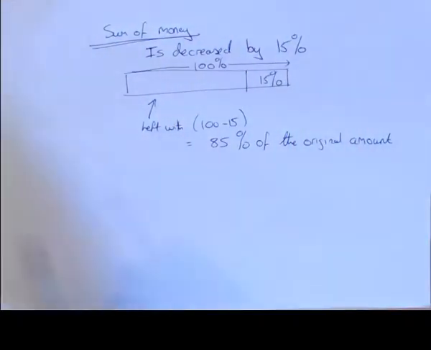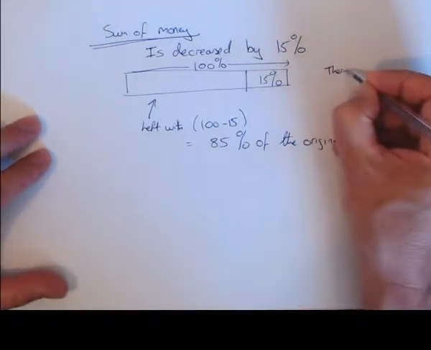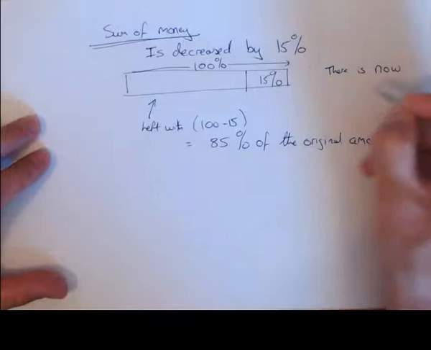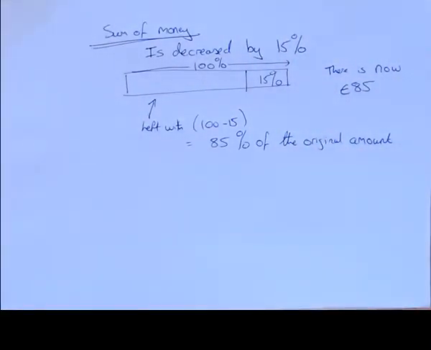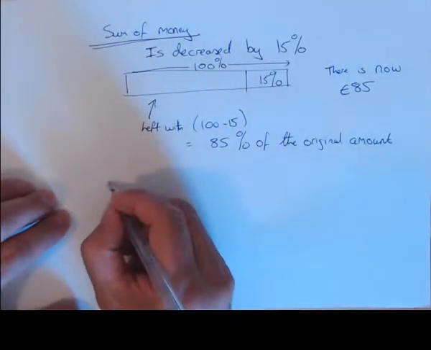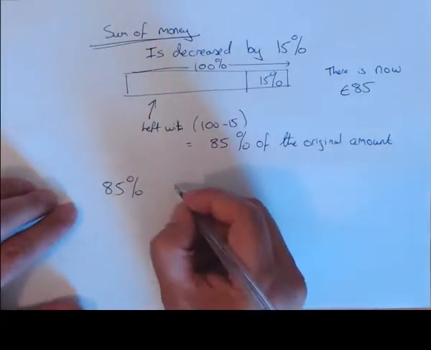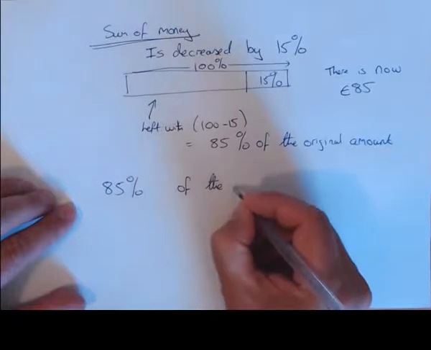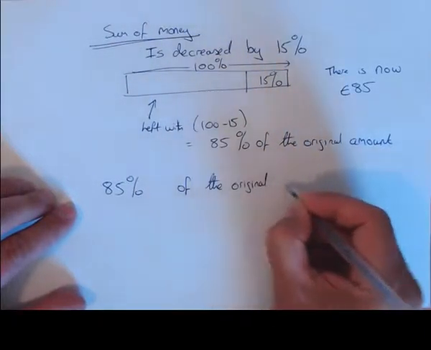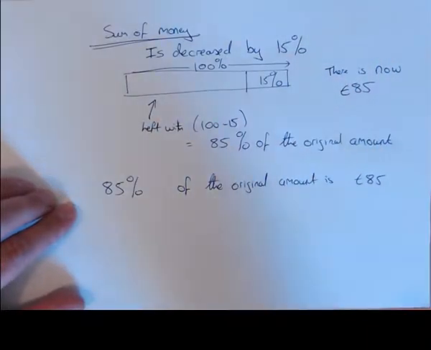So let's say we are told in the question that a sum of money is decreased by 15%, and there is now €85. And the question is, how much did I start with? I would do exactly the same thing as I did in the fractions questions. I would say 85% of the original amount is €85.